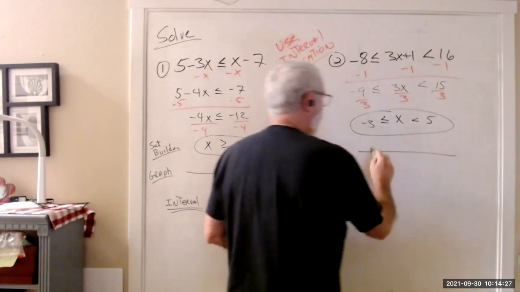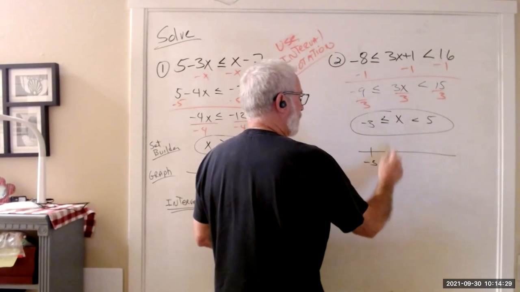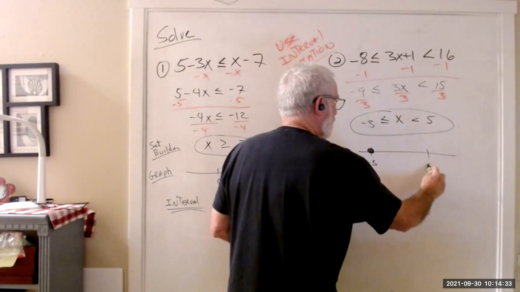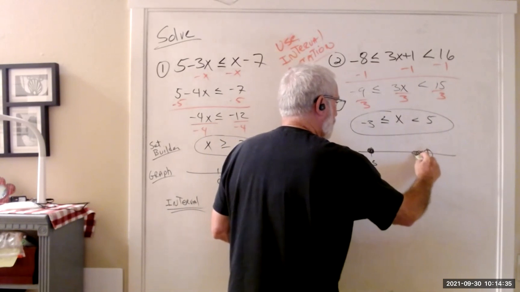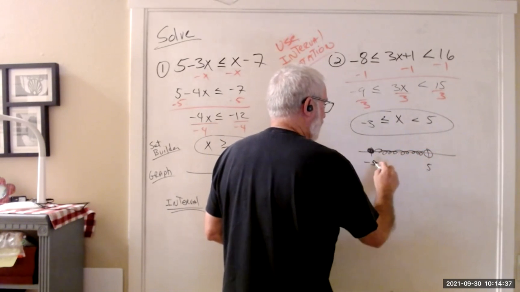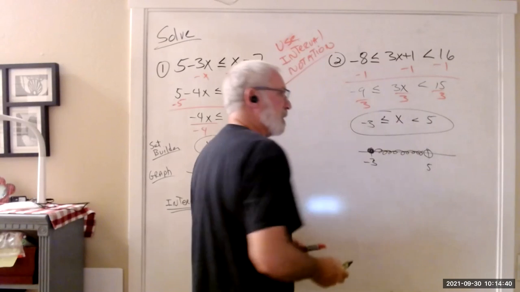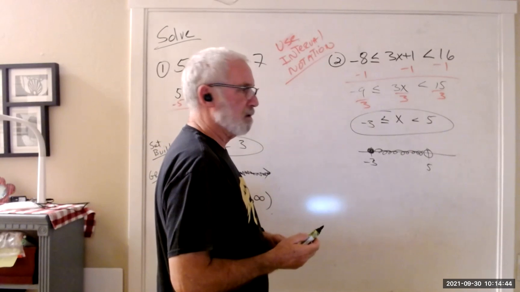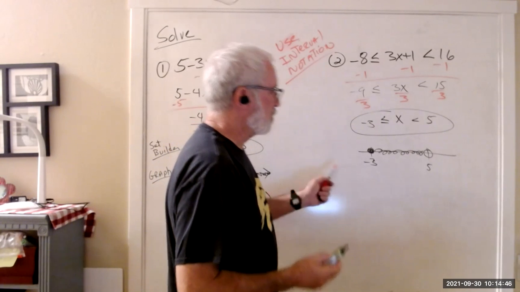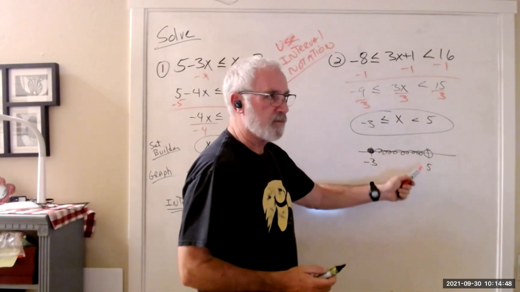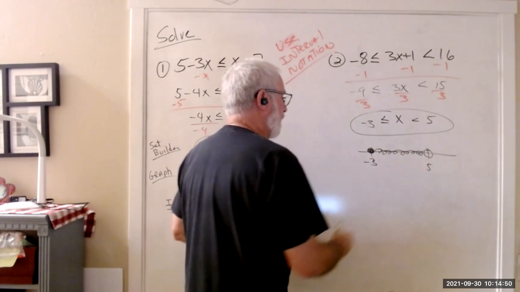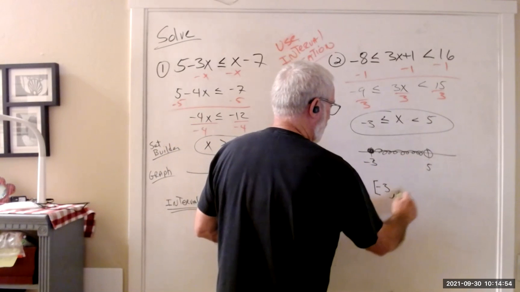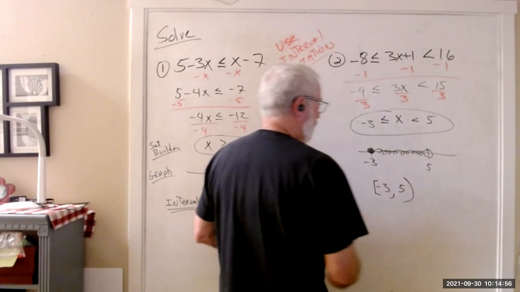Literally, it says x is in between 5 and negative 3. That's what your graph would look like. But in interval notation, it would be bracket, -3, comma 5, parenthesis.